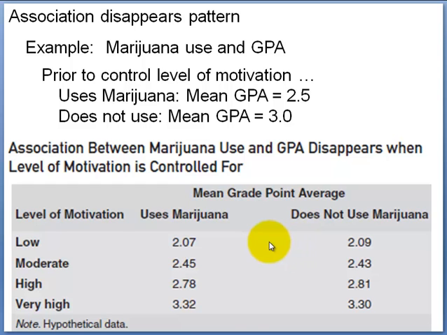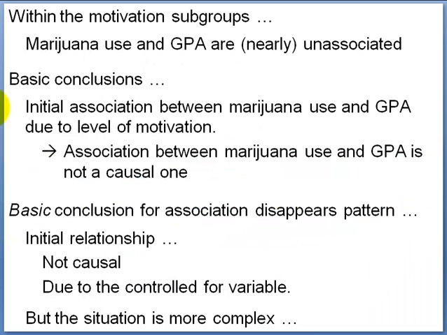In other words, these differences are very, very small within the motivation groups. So what conclusions do you draw when the relationship disappears within the subgroups, as is the case here? I'm going to talk about the basic conclusions that one draws, but then mention that the situation is more complex.